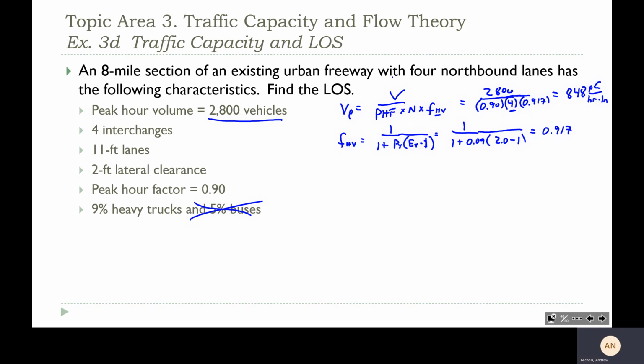So that's VP. Now we need to determine what is S. The first step for finding S is to calculate our free flow speed.